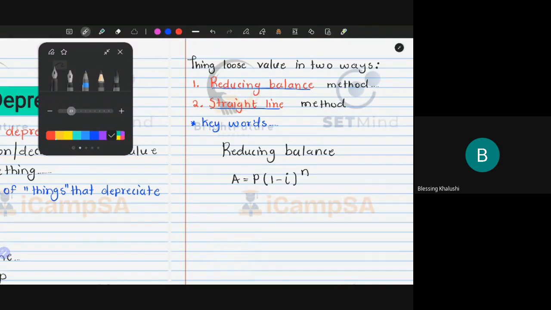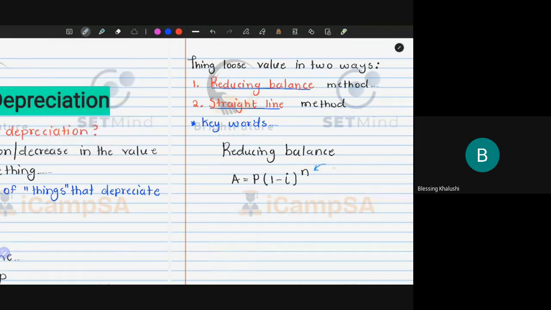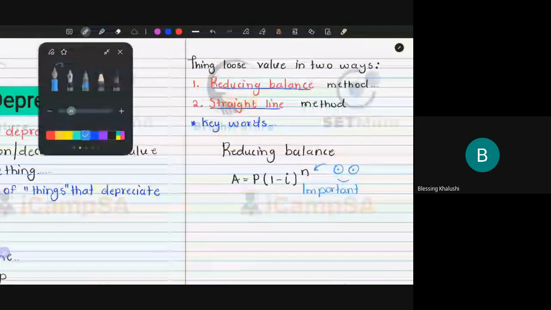That is our reducing balance formula. Very important, guys. We smile only at important things. So this is an important formula. Once they say reducing balance, that is what we are going to use.